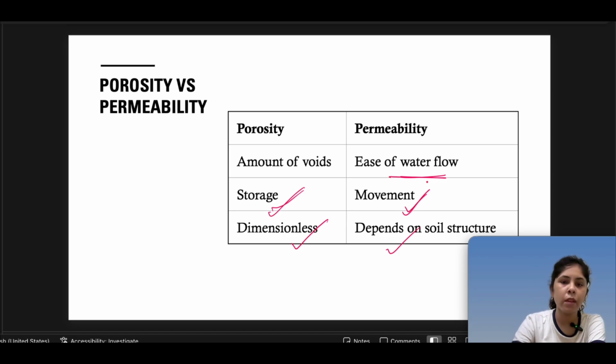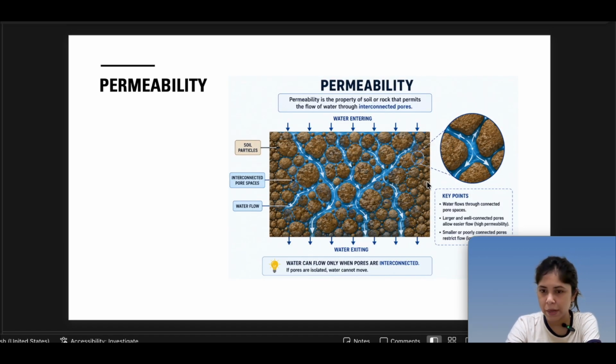Now we'll be seeing permeability exactly. Permeability is how fast water moves through the soil from one place to another. So if it moves faster, it is more permeable, and if it moves in a very slow manner, then it's less permeable. For example, clay. We all know that for clay the permeability is very low, but there is a catch.